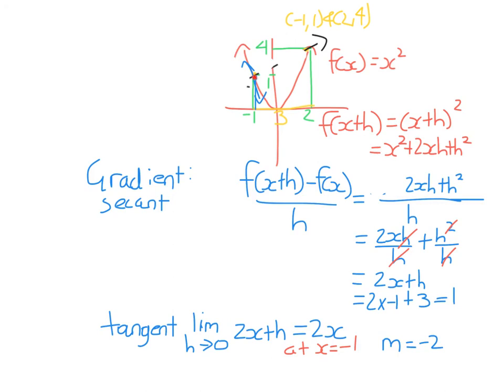When the distance between the 2 points is 0, it's not a secant anymore, it's a tangent. The gradient of y equals x squared at the point where x equals minus 1 is just the gradient of this tangent here. And the gradient of this tangent here was minus 2.